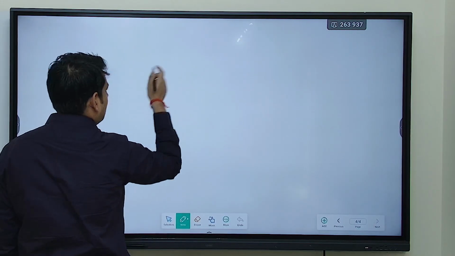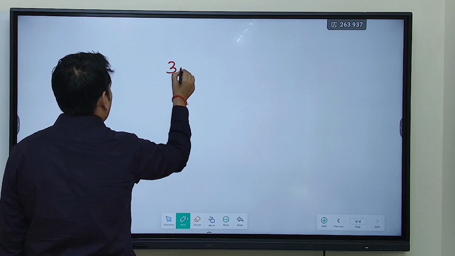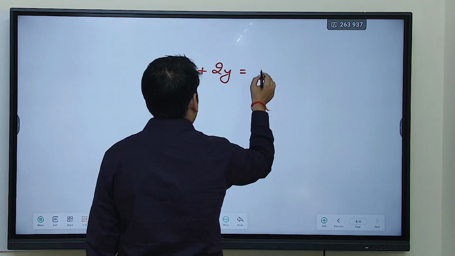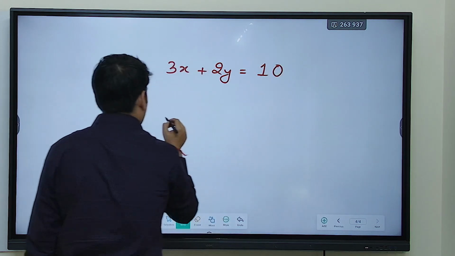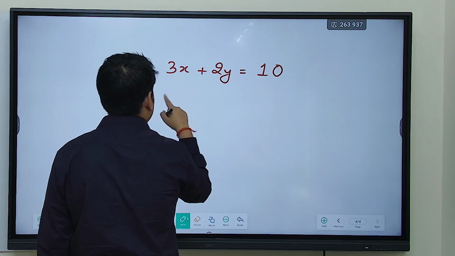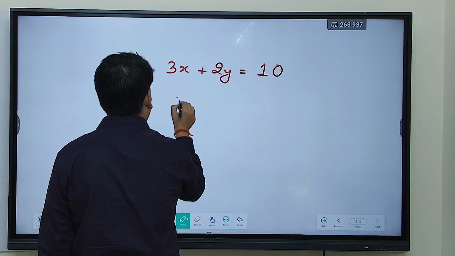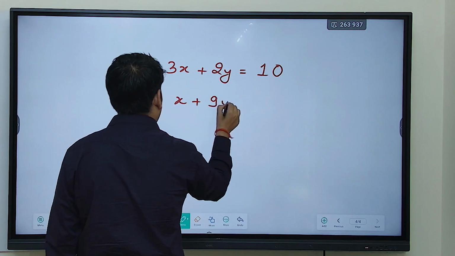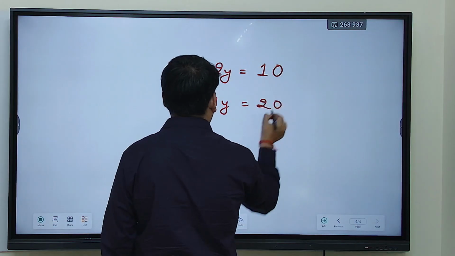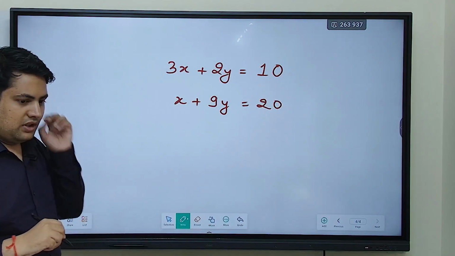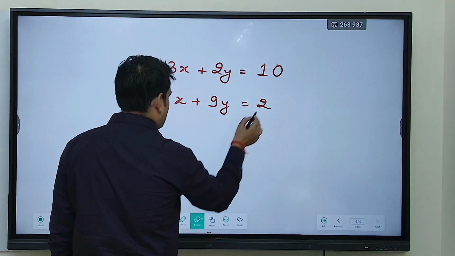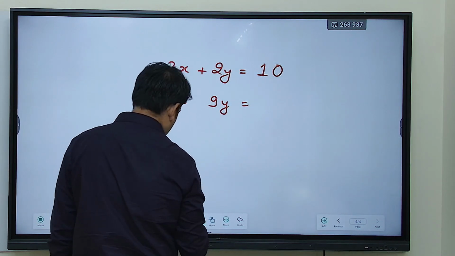See this. You can pause and try to solve this, or let me take a -1 also.